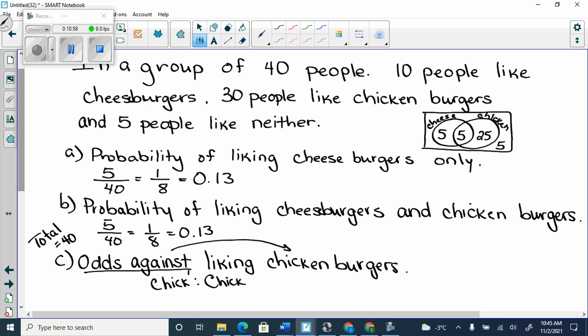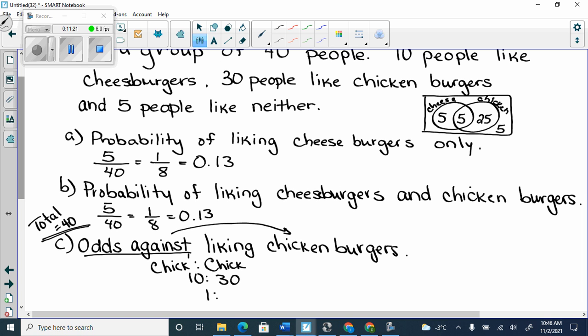How many like chicken? 30, right? So how many do not like chicken? 10, because it should add to 40. And if I cover up the chicken, what do I have left? 5 and 5, which is 10. So that's going to reduce 1 to 3.